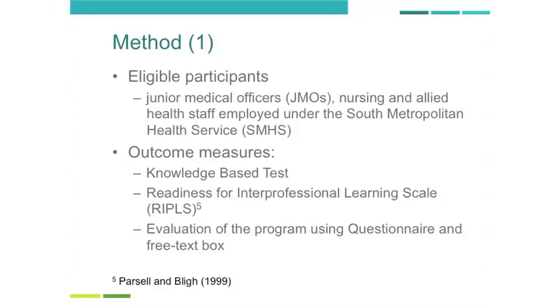And then within that survey, we incorporated a question where we ask an overall rating scale in terms of how participants rate the importance of interprofessional learning in promoting interprofessional practice in the workplace. And we also allowed some areas for questionnaires and a free text box for evaluation of the program as well.